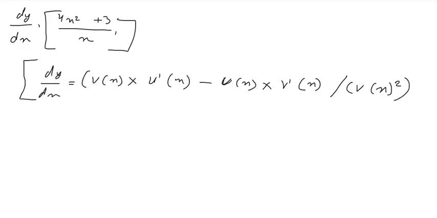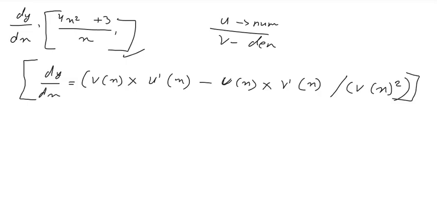Here v denotes the denominator and u is the numerator. So this is the concept we are going to use to solve the particular equation.